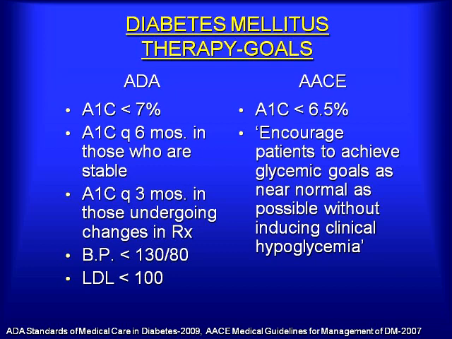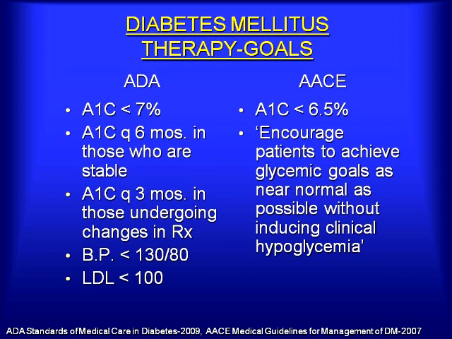ACE, on the other hand, suggests an A1C of less than 6.5, but basically they've tempered this by saying that we want to get glycemic goals as near normal as possible without hypoglycemia, because the flip side on all of this is hypoglycemia and the problems that come with hypoglycemia. So our goal is somewhere between 6.5 and 7% in the majority of diabetics.